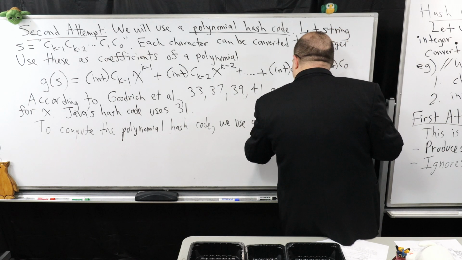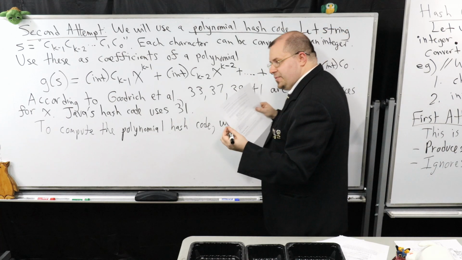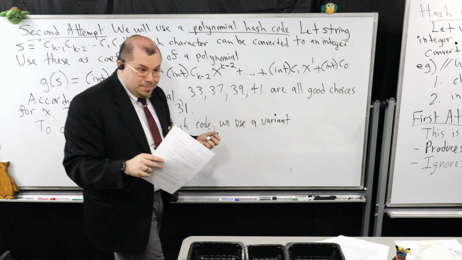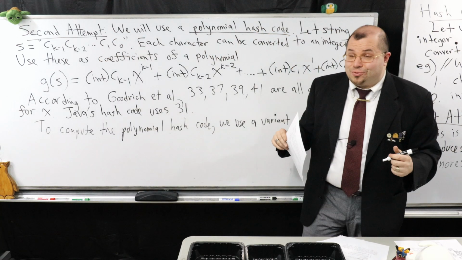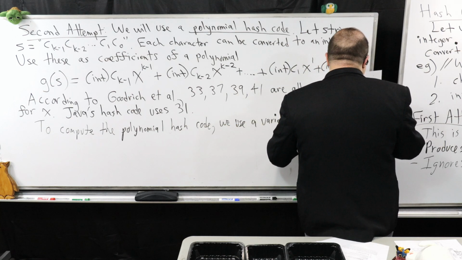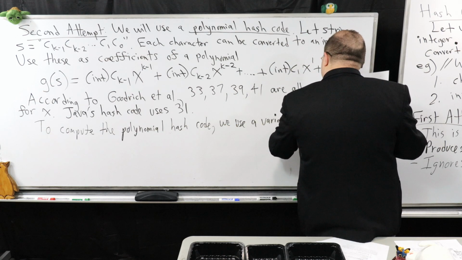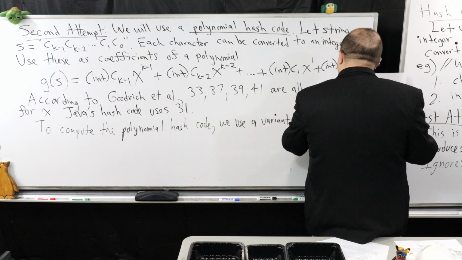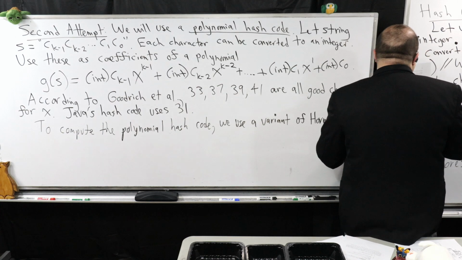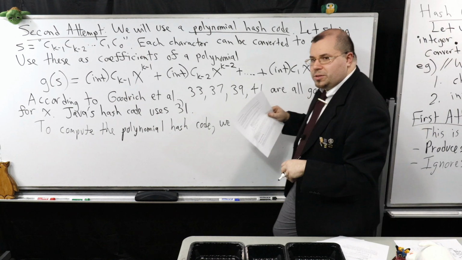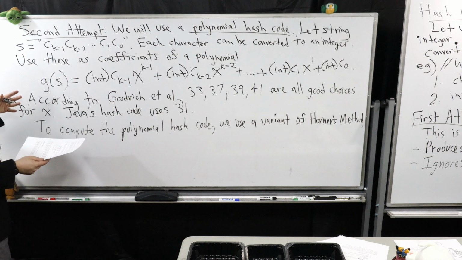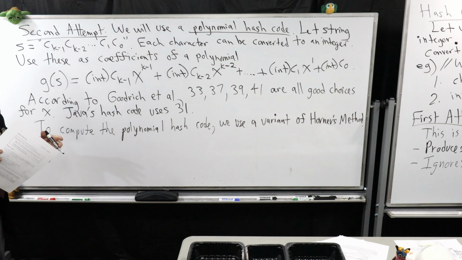You may have seen this before if you've ever taken a scientific computing class. This is a technique that's very effective for computing polynomials. It's based on a very nice grouping trick you can do with polynomials. We use a variant of Horner's method. For computing polynomials, Horner's method is a rather popular one to use. I'm going to show you how this hash function would be placed together with Horner's method.